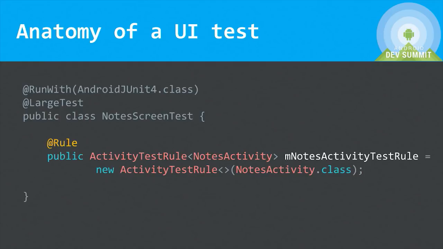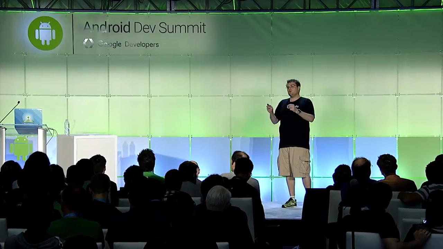Once we've done that, we need to set up the stage. We have to set up our test fixture, and we do that using a new API in the Android testing support library called ActivityTestRule. You might have heard of rules. They're not a really new concept. They have been around a while in JUnit 4, but this is essentially an API you can use to create reusable components which you can use in all of your tests, and they reduce boilerplate code.